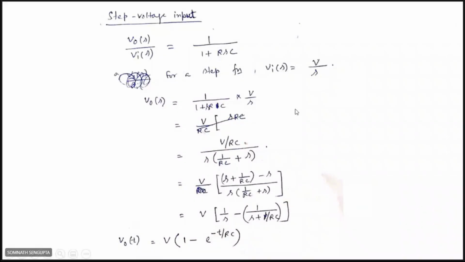I have not drawn the waveform here because I could not get time. In the low pass RC circuit the capacitor charges to the applied input voltage, so the output voltage is an increasing function, and for the high pass RC circuit it is a decaying function.